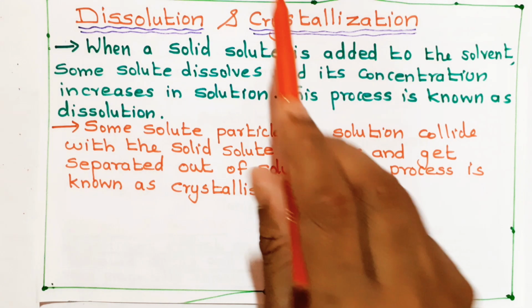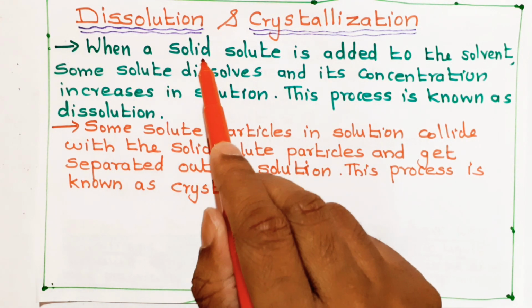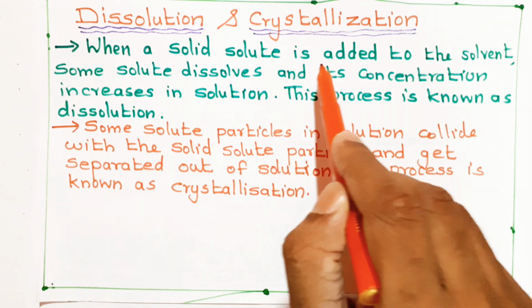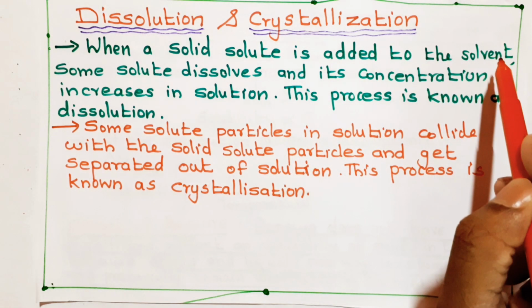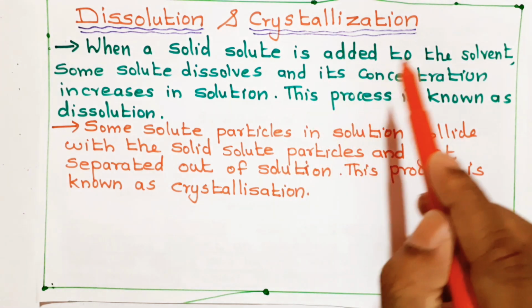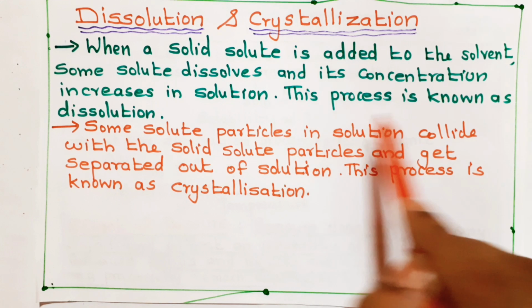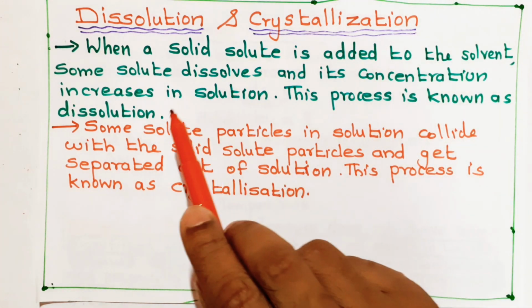We will see what is dissolution. Dissolution means when a solid solute is added to the solvent, some solute dissolves and its concentration increases in solution. This process is known as dissolution.